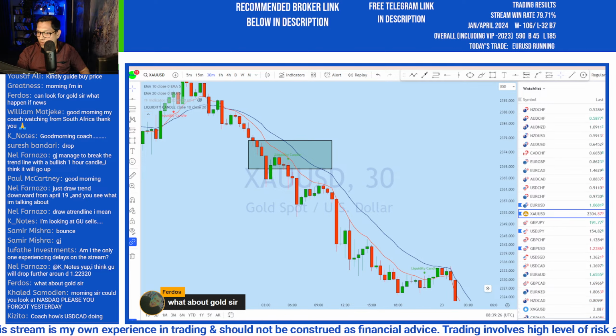You know that famous inventor Nikola Tesla once said that if you want to know the secret of the universe, then think in terms of energy, frequency, and vibration. If you want to know the secret of the market, then think in terms of market structure, liquidity, and price action.